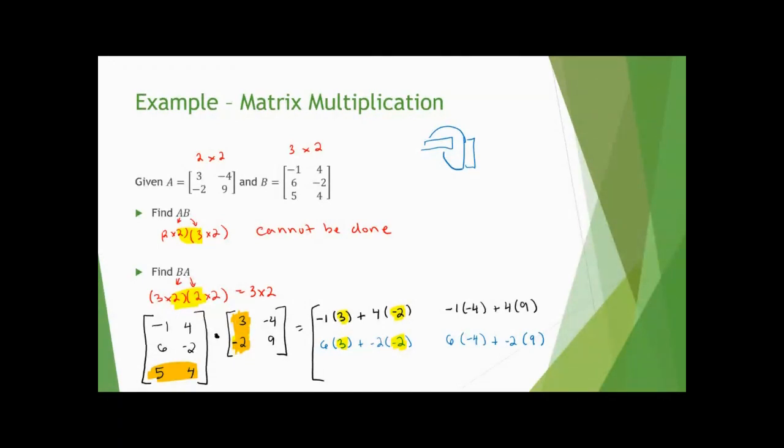So I have my 5 times 3 plus 4 times -2. Again, you can see that the 3 and the -2 are just staying in those locations. The numbers in front that are changing are those row numbers.